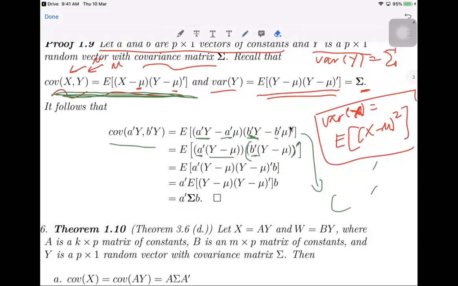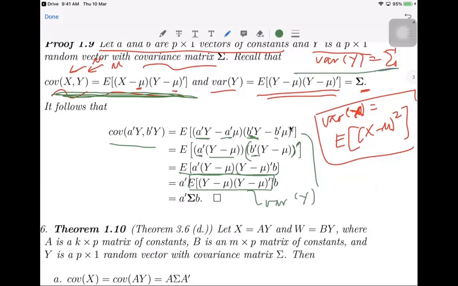So you have that. And now you can apply expectation inside, since A and B there are vectors of constants only. By definition, this is your variance of y, which we denote by sigma. So you have A prime variance of y, or sigma, b.